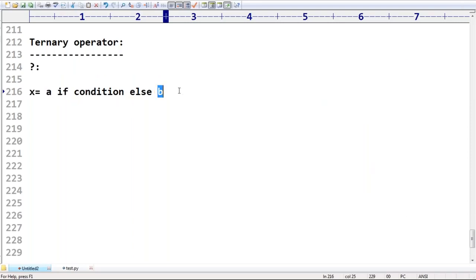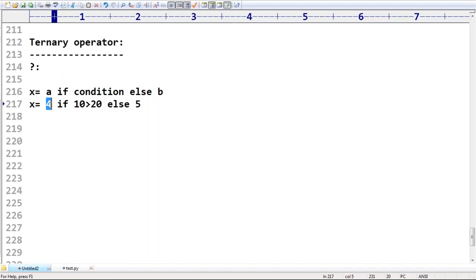Now, a very simple example I want to talk about. X is equal to 4 if 10 greater than 20 else 5. If I print the X value, what is the answer we are going to get?